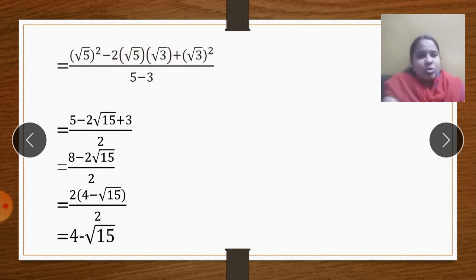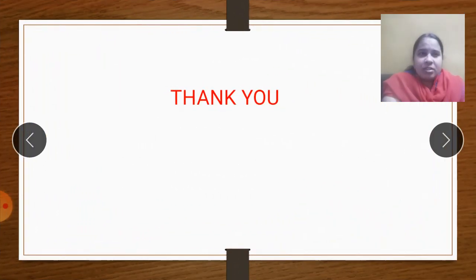Don't take this 2 also inside as root 30; leave it as it is. The next important step is, do not cancel this 2 and 2 like this. Take common from the numerator first, 2 into 4 minus root 15. Once common is taken, then you can cancel this 2 and 2. So these are a few important steps to remember for this particular sum. It is an important sum and can be asked for 3 marks.